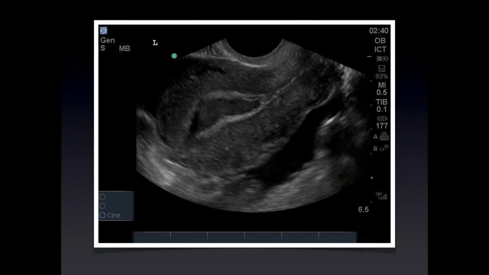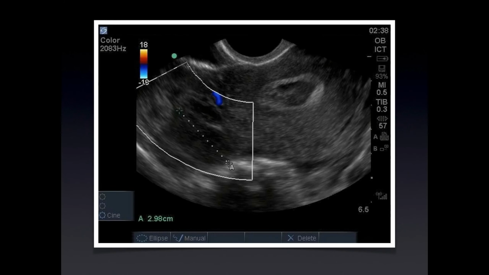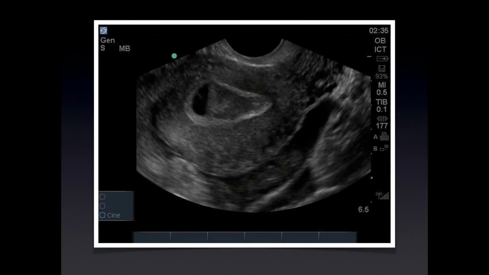And then when we sweep through it, again, we see the endometrium is distended. This is a perfect example of a pseudosac. Do not be fooled into thinking that this is an intrauterine pregnancy. If there's no yolk sac, it is not an IUP. Here's the right adnexal view for that case. Here's the left adnexa with some free fluid around it, and again, perfect example of a pseudosac associated with ectopic pregnancy.